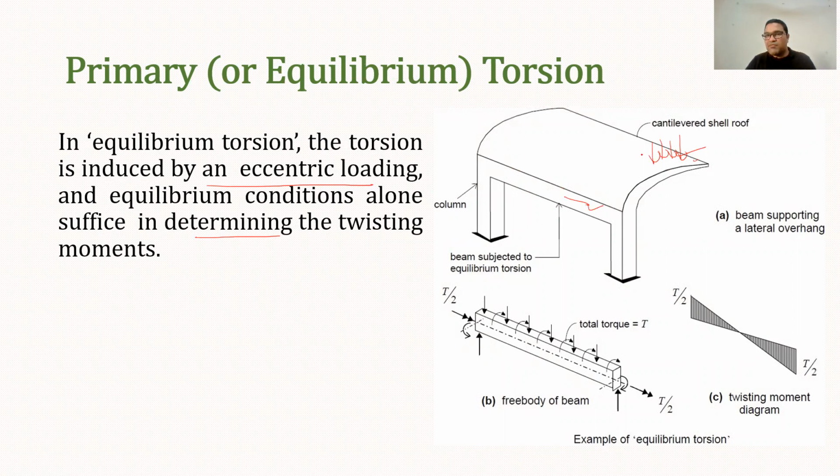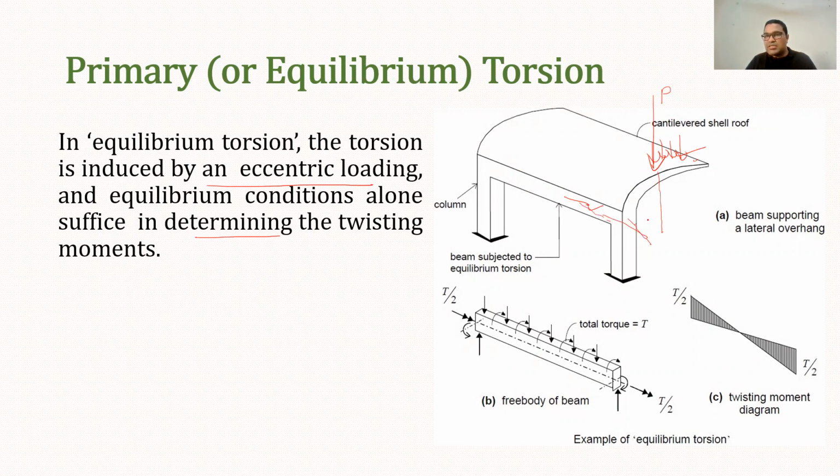If I make the resultant load of the load which is subjected to this cantilever, for example, this is the resultant load P, and the line of action of this P is this one, and this is the axis of this beam.